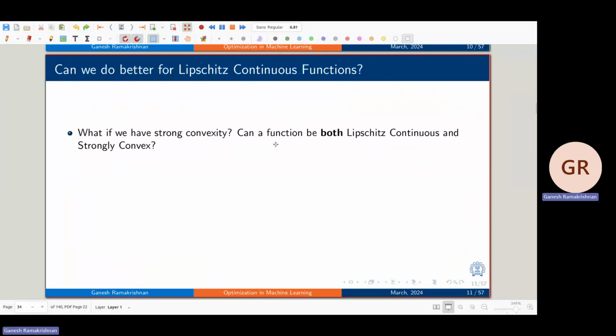Okay, so what if we have strong convexity? Can a function be both Lipschitz continuous and strongly convex? Do you think a function can be both Lipschitz continuous and strongly convex? What's an example of a Lipschitz continuous strongly convex function?